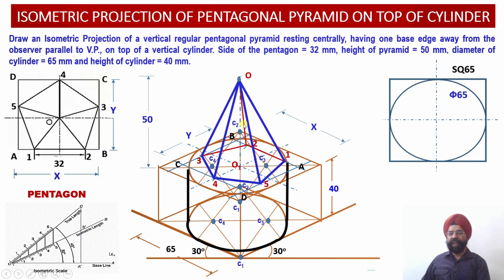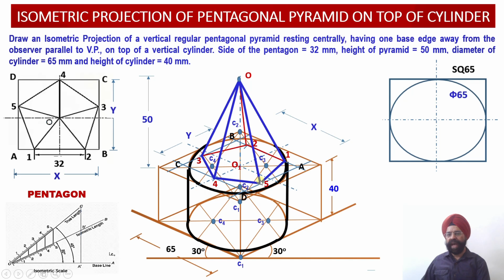Now once we draw the complete pentagonal pyramid on top of the cylinder, you see what we are observing. This portion of the cylinder has been covered by this pentagonal pyramid. So whatever remaining portion of the cylinder has not been covered by this pyramid has to be darkened now.